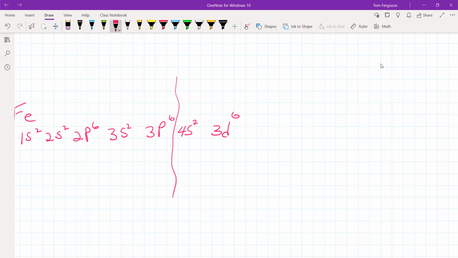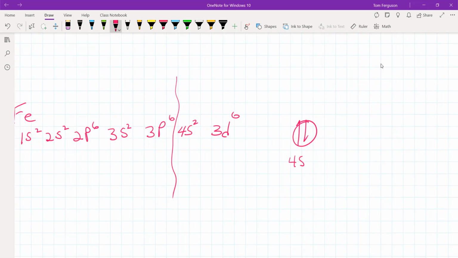How many orbitals are we going to have in 4s? 1. And how many electrons are in there? 2. Okay. How many orbitals do we have in the D section? 5.